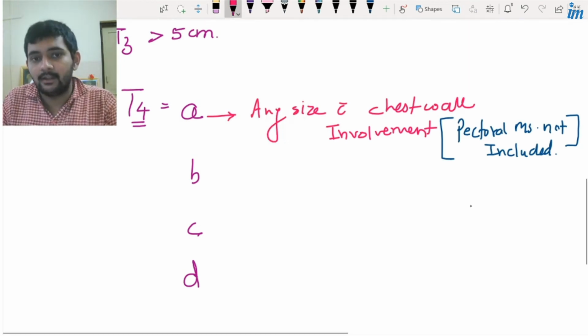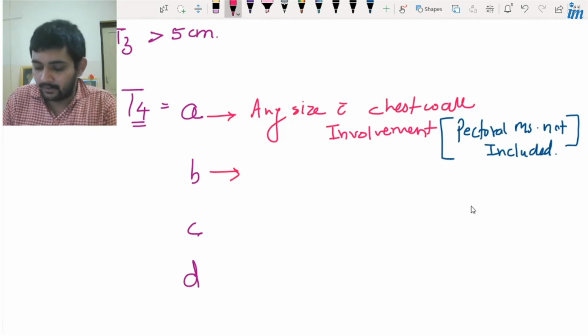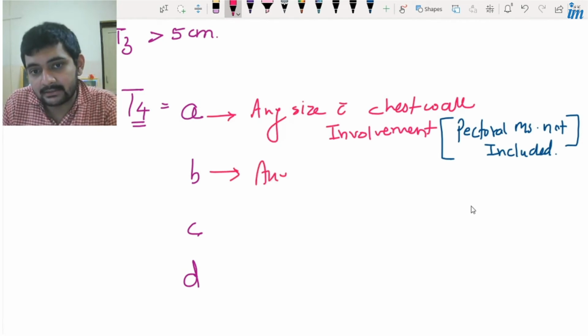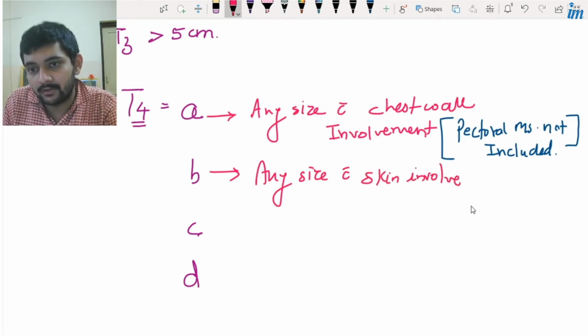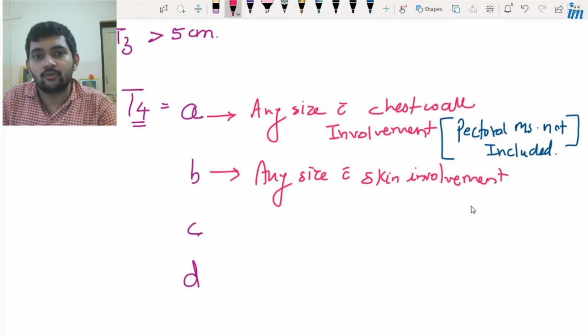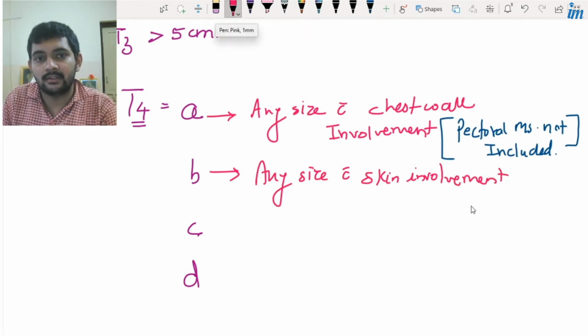Right? Next, T4B will be any size with skin involvement. Now, in the first class itself of the breast, we have discussed skin involvement. So what things are to be considered for skin involvement?